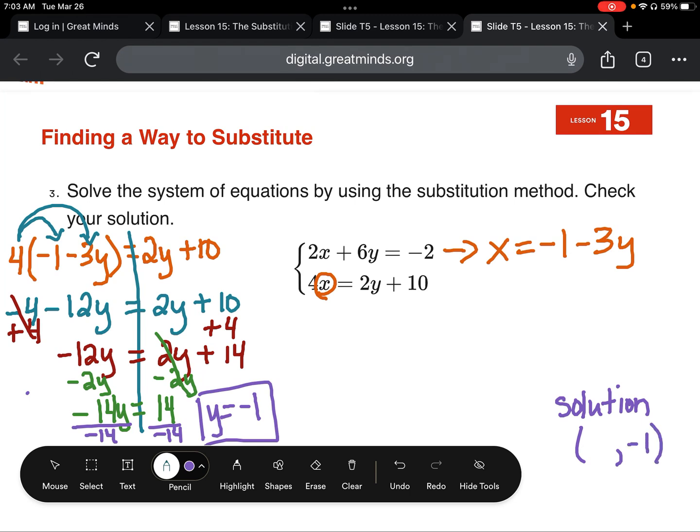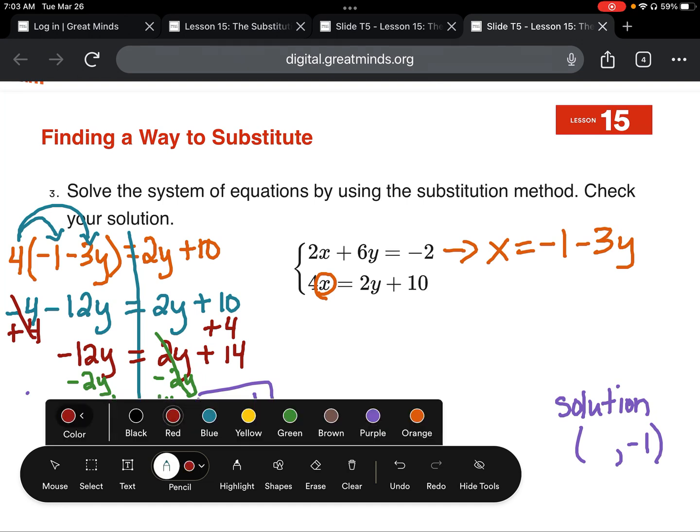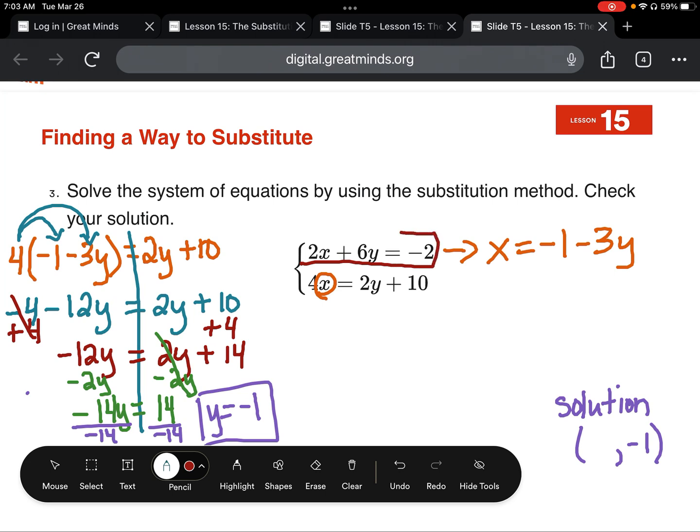All right, now I'm going to put that number into either equation and solve. Usually I like to pick the other equation just in case I made a mistake somewhere along the way, so I don't double up all of my mistakes. So I'm going to choose this top equation. 2x plus 6, instead of writing y, I'm going to write -1 equals -2.